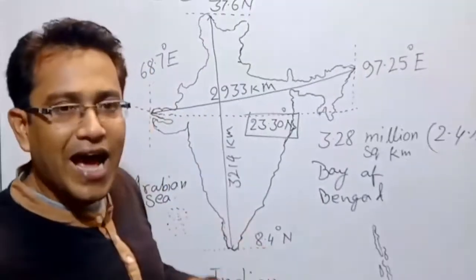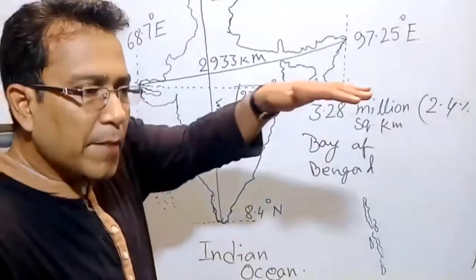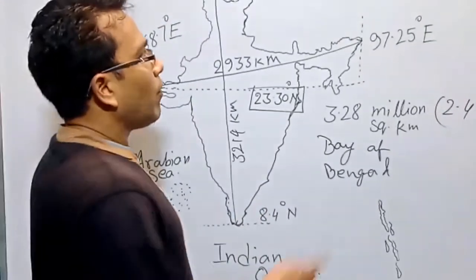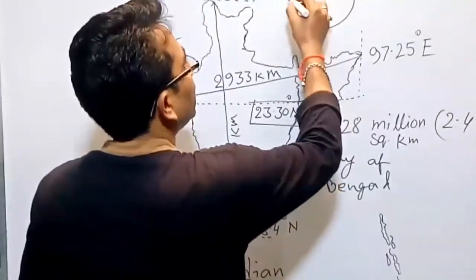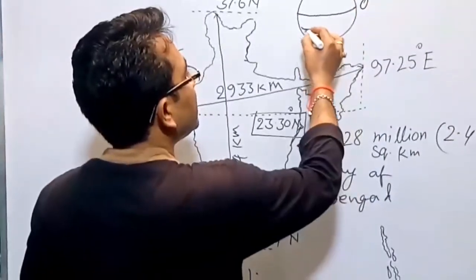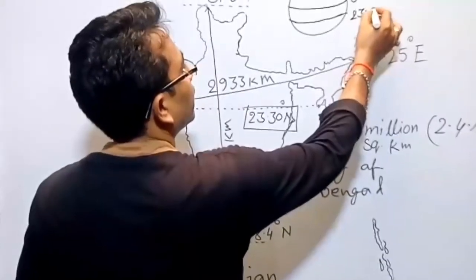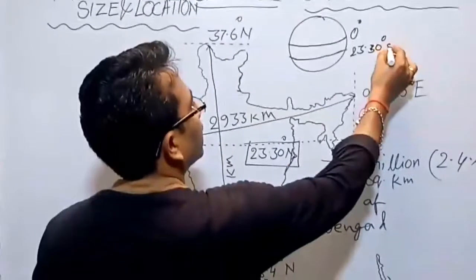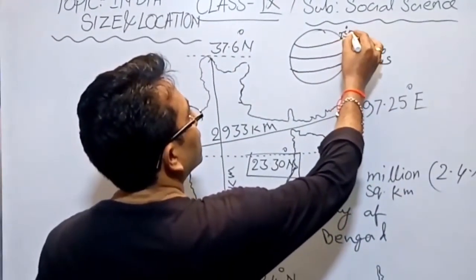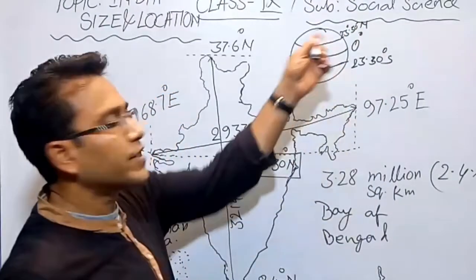This country lies in the northern hemisphere, because according to our latitude, this is the equator, this is the Tropic of Capricorn, and this is the Tropic of Cancer.